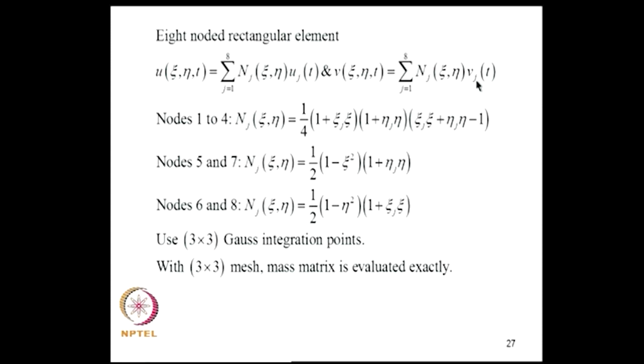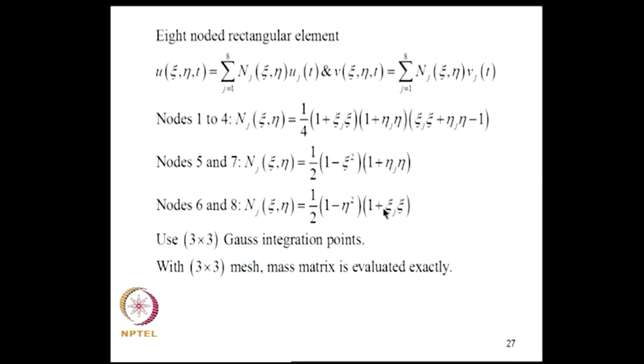Now, using the logic that we have already discussed, we need not go into all the details every time. We get these interpolation functions which have this Kronecker delta property. For nodes 1 to 4 I get this is the interpolation function, for 5 and 7 these are the interpolation functions, and 6 and 8 we get this.